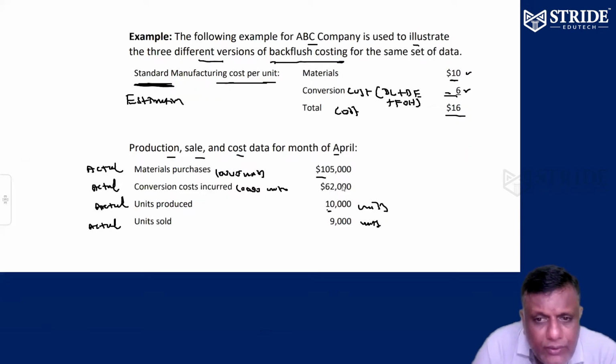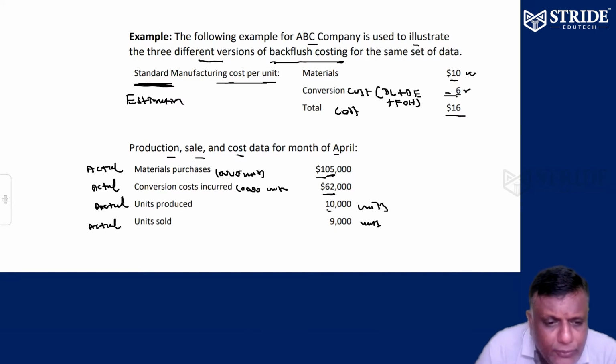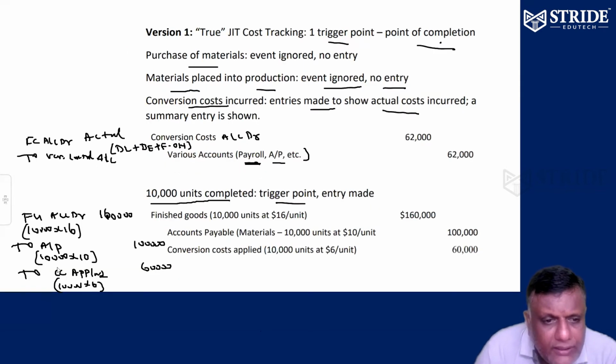Actual material cost is 105,000 and actual conversion cost is 62,000, but I make the entry for the standard costing method. Standard cost is 10,000 into 10 and 10,000 into 6.